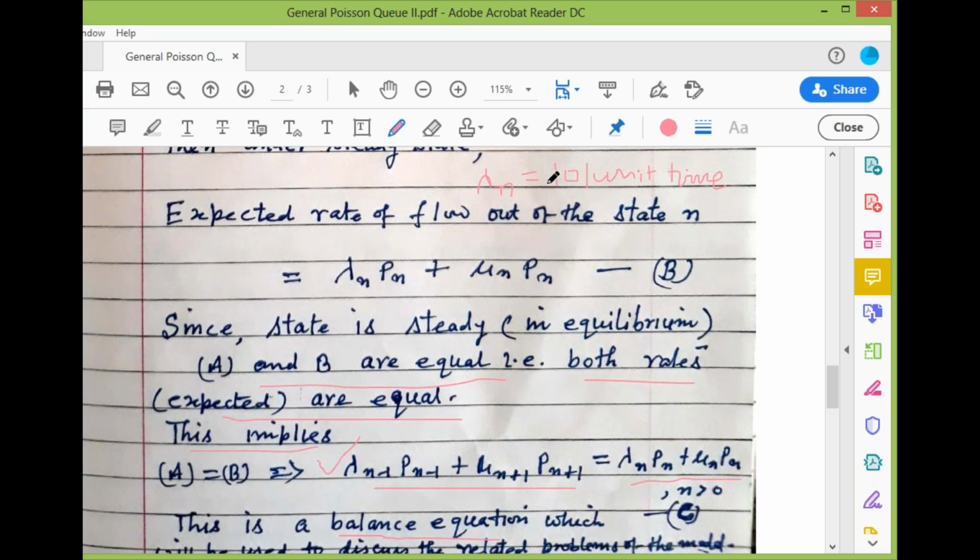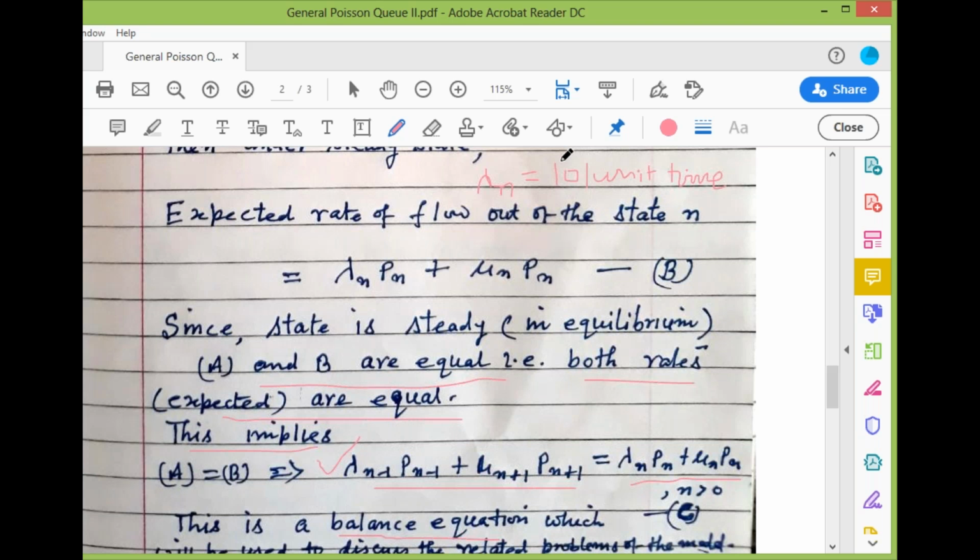Whenever we say lambda is equal to 10, it is not a rate. But whenever we say lambda is equal to 10 per unit time, or unit time means per hour, per half an hour, per 2 hour, per day, immediately lambda n becomes the rate. So rate means it is associated with time.